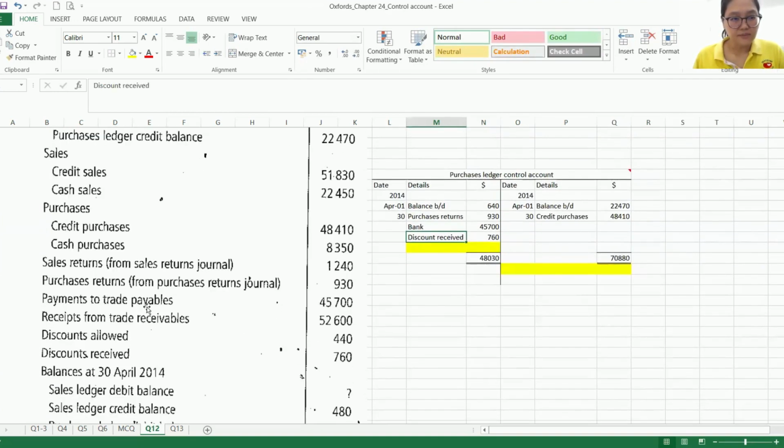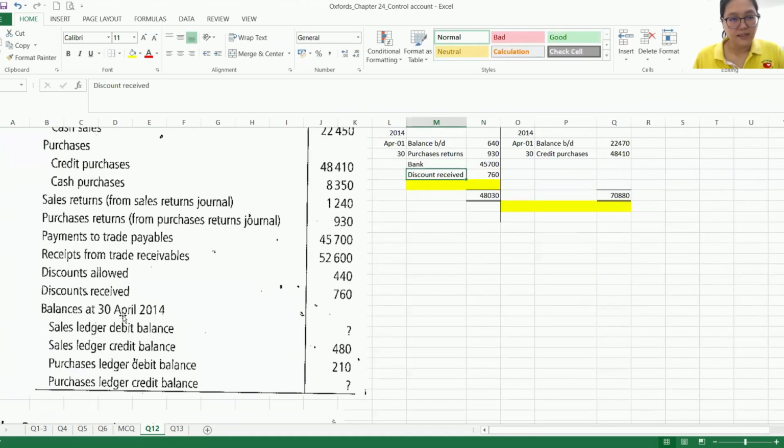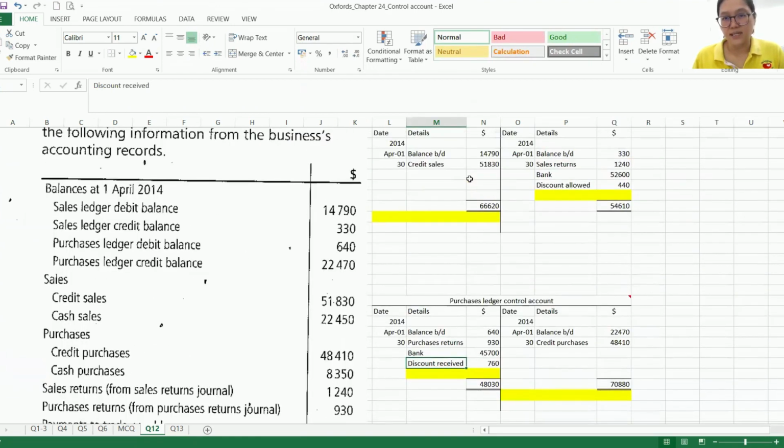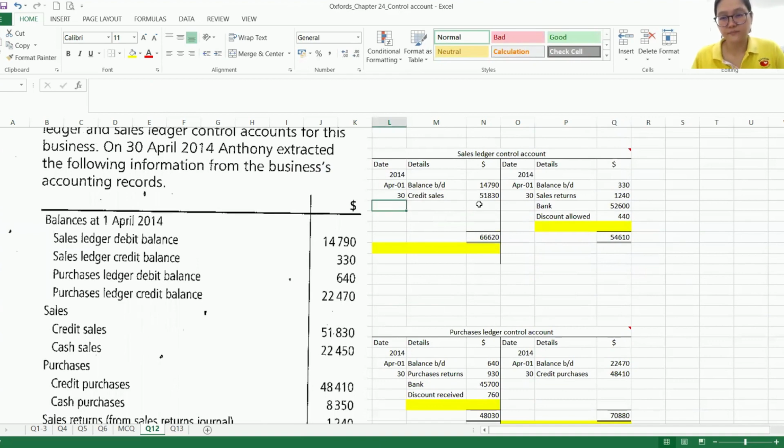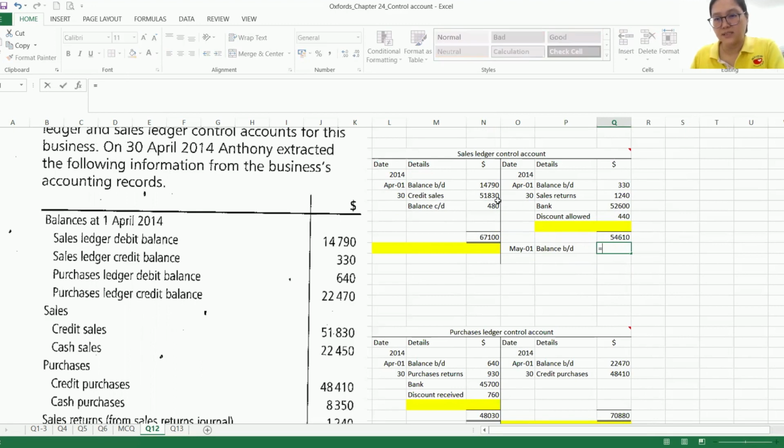Now, at the end of the month, they say that they have the balance, but with a question mark, but they give us the sales ledger credit balance 480. So it means that in here I have balance carry down 480. In this case, here I have to put May 1st balance brought down, which is this amount.